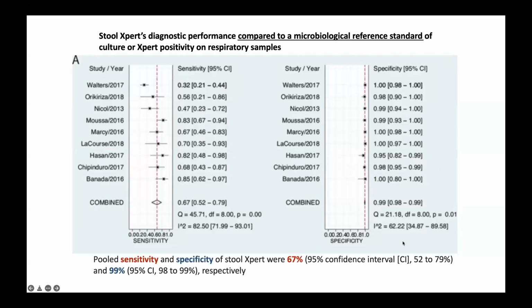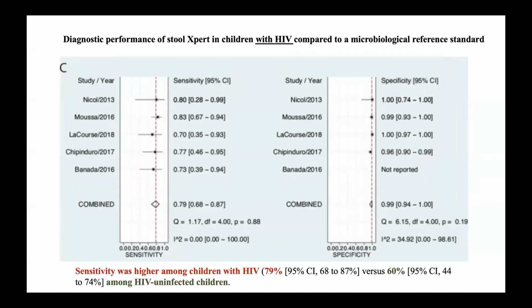Specificity, always really great, at 99%. So we've seen 66, 67%, be it respiratory samples, be it in stool. And in children who had HIV, the sensitivity was seen to be much higher, so 79% compared to 60%. So still looking good, especially in children who have HIV.